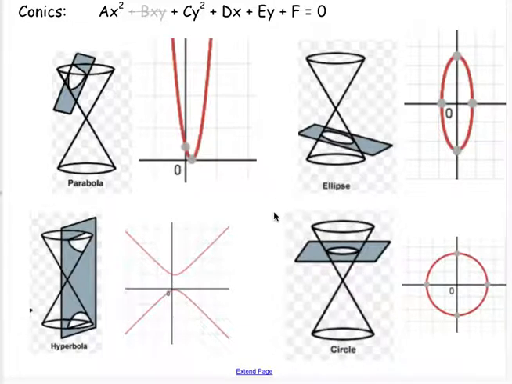Conic sections all come in the same basic standard or generalized form, where we have ax squared, where a is a coefficient, a number of some sort, plus a b value multiplied by x and y, then a c value times y to the second power plus d times x plus e times y plus f is equal to 0.